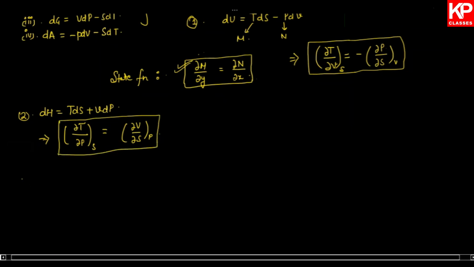So based upon the third equation, that is dG equals VdP minus SdT, you can also write down del S by del P at constant temperature equals minus del V by del T at constant pressure.